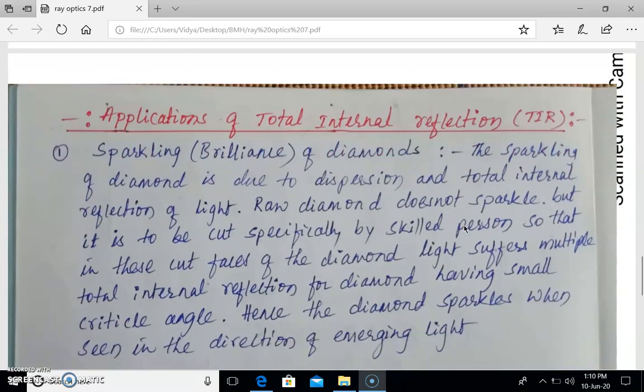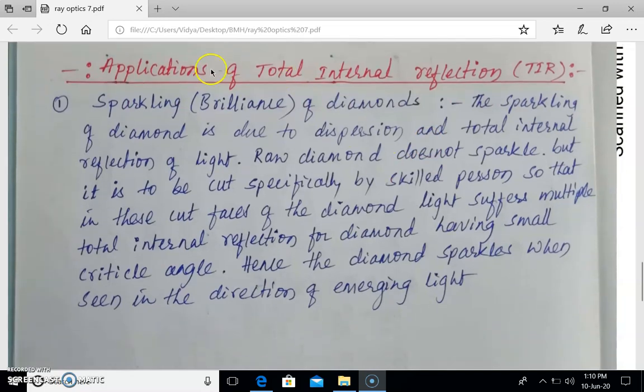Applications of total internal reflection. We can list a number of applications, and we need to discuss all these applications of total internal reflection in detail. First one, the sparkling or brilliance of diamonds is due to total internal reflection in diamonds.